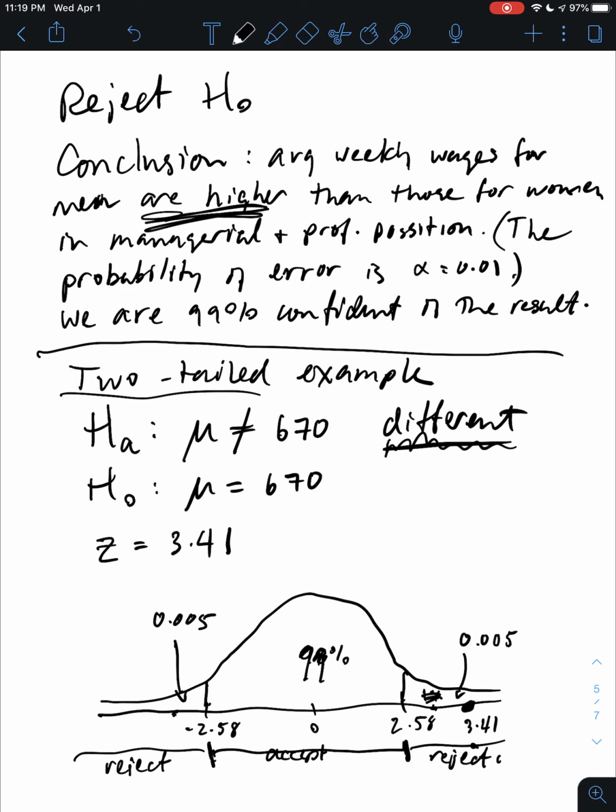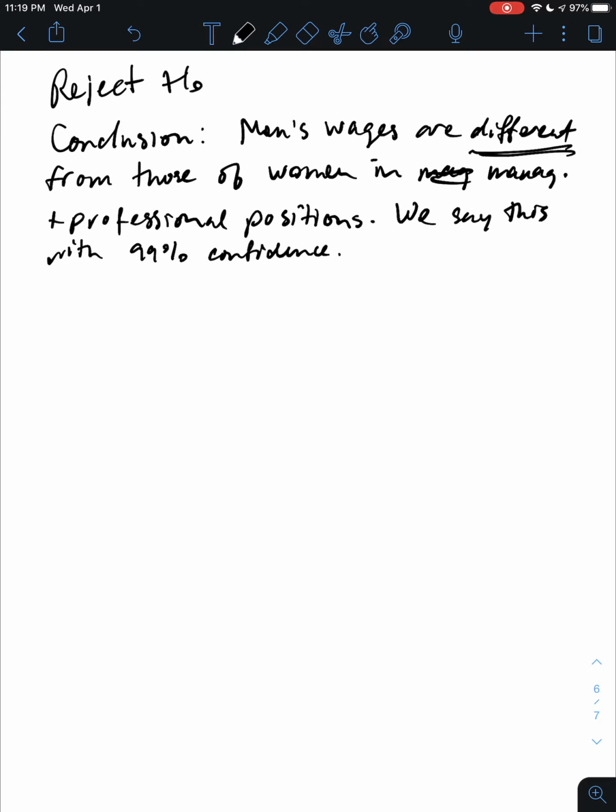previous was that I said that they were higher. So it really is distinct, a two-tailed test versus a one-tailed test. Sometimes they're very similar, and it's actually easier to do a one-tailed test than it is to do a two-tailed test. The numbers are not so bad.